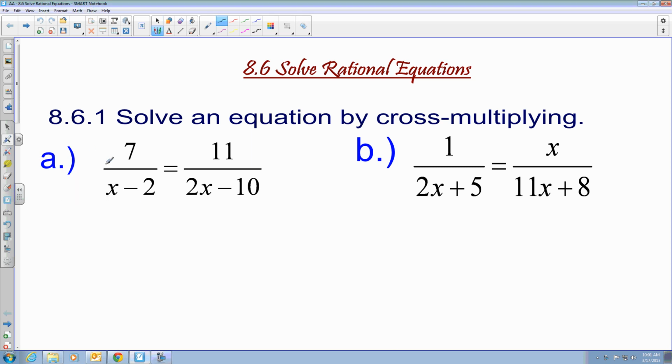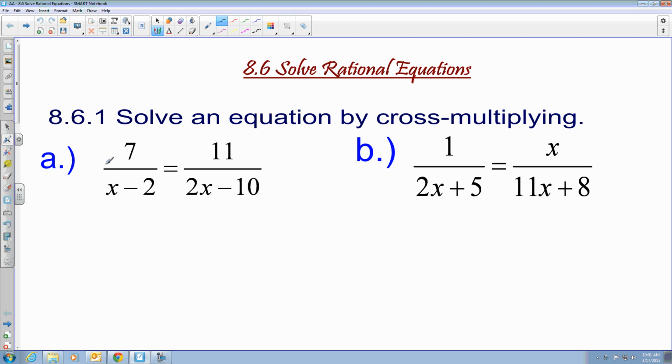All right, so last section in chapter 8 is being able to solve rational equations. We're going to pool all the things we've learned, being able to simplify rational expressions and being able to solve for the variable.